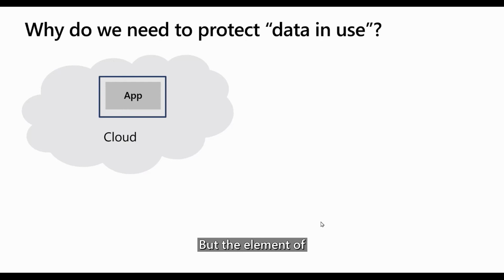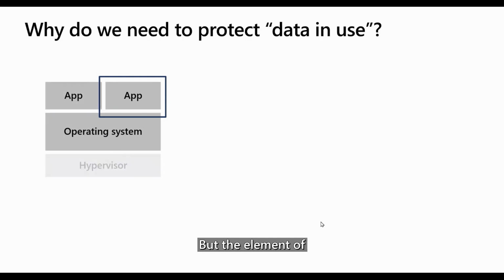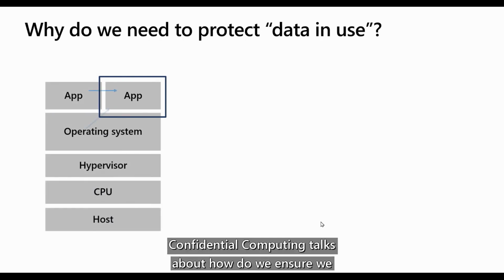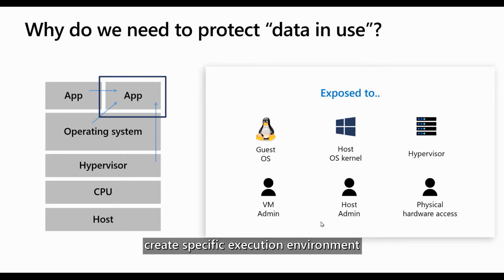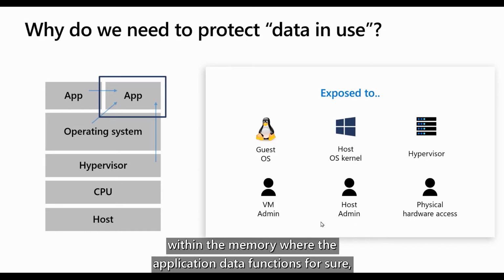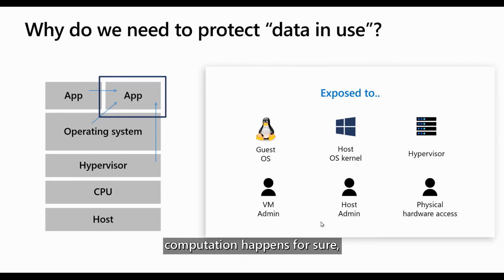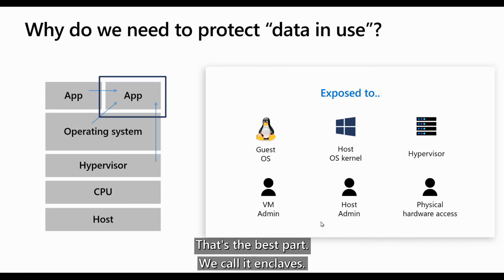But confidential computing talks about how we create a specific execution environment within the memory, where the application data functions and computation happens, but in a way where nobody else can access that. Not even while you're debugging. That's the best part. So we call it enclaves.